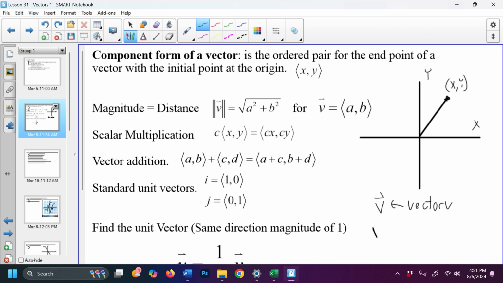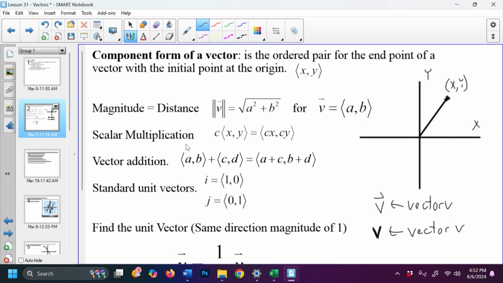And if they just make it extra bold, that is also vector v. The magnitude is just the distance, so that should be familiar, because it's just the Pythagorean theorem again: the square root of a squared plus b squared for a vector v that has a and b as its components.